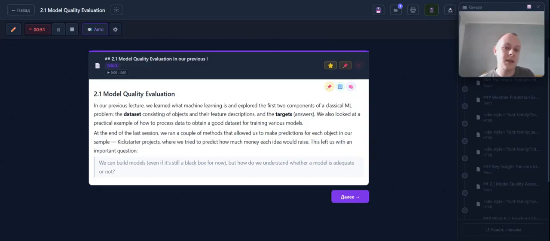So for all these things we need a particular way to measure the efficiency of particular executions, particular algorithms, and how they do their job. And that's the moment when we come to model quality evaluation.